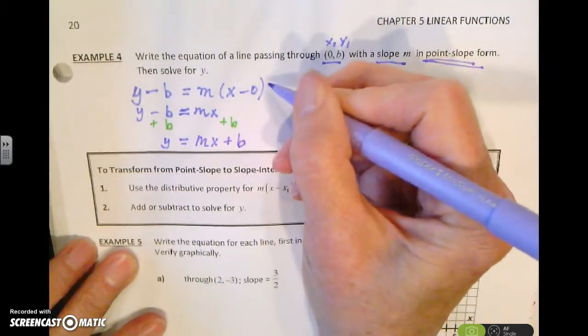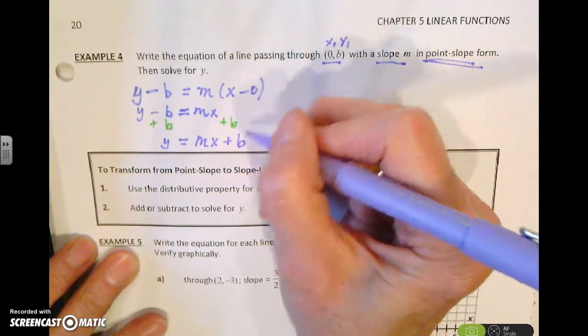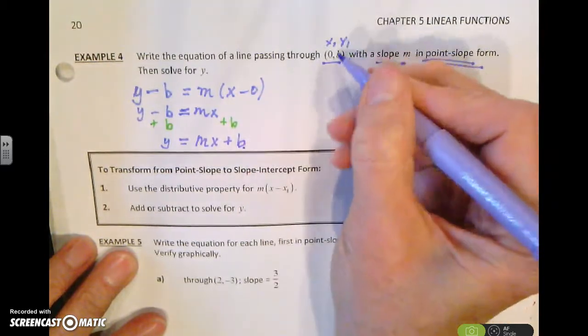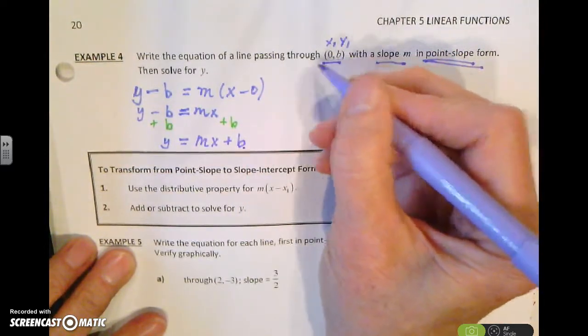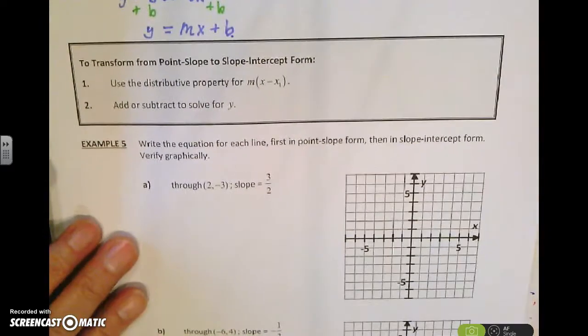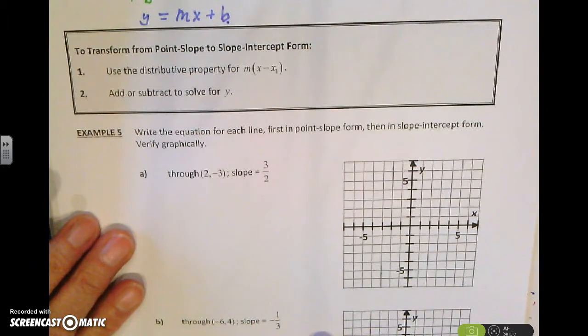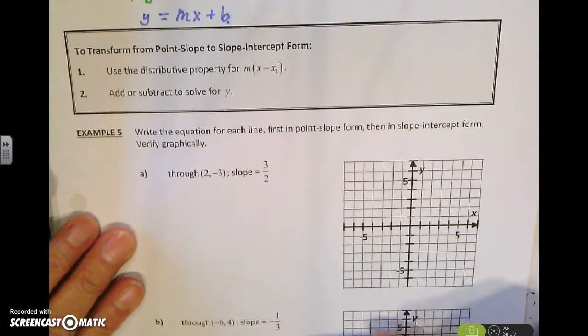So what we've done here is we've gone from point slope form to slope-intercept form, where (0, b), of course, is the y-intercept. So to transform from point slope to slope-intercept form, you're going to use the distributive property and multiply m times x and m times x1, and then add or subtract to solve for y.